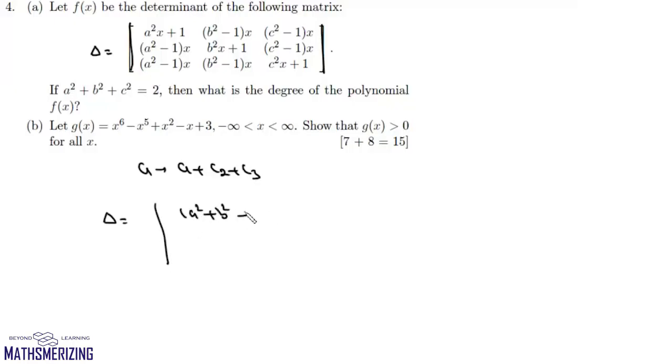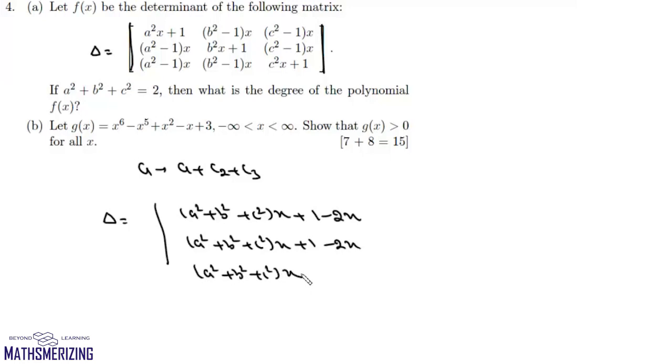(a square plus b square plus c square) into x plus 1 minus 2x, and here in the second one we'll get (a square plus b square plus c square) x plus 1 minus 2x, and here also we'll get (a square plus b square plus c square) x plus 1 minus 2x, and here we'll get b square minus 1x, c square minus 1x.